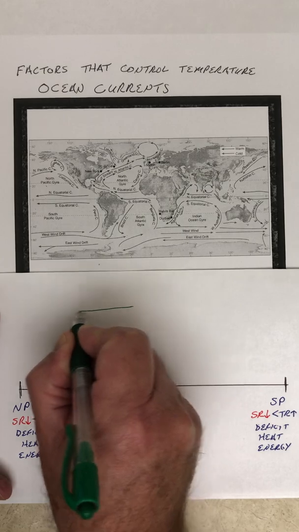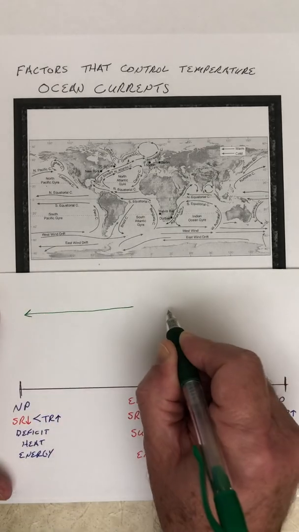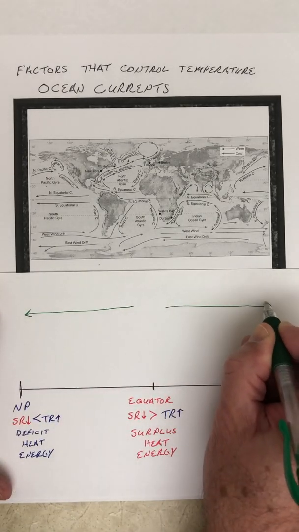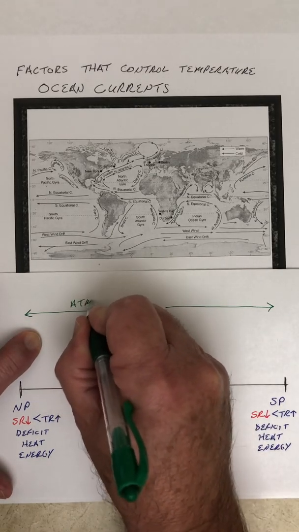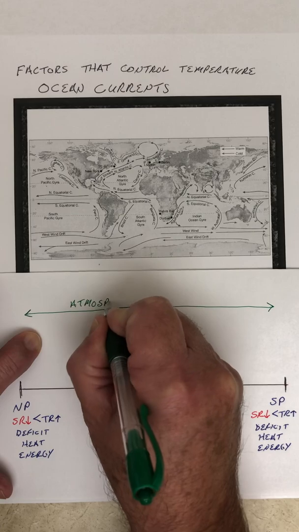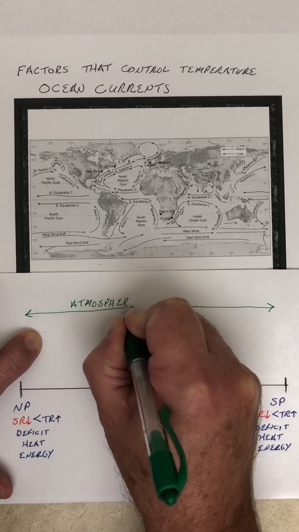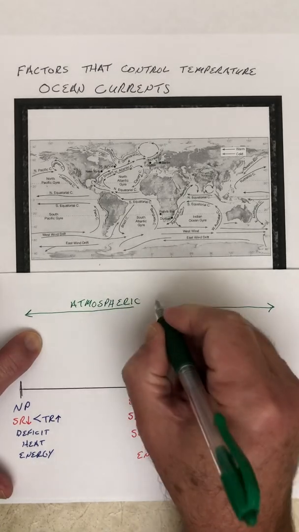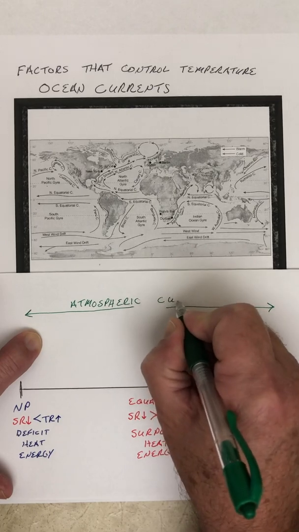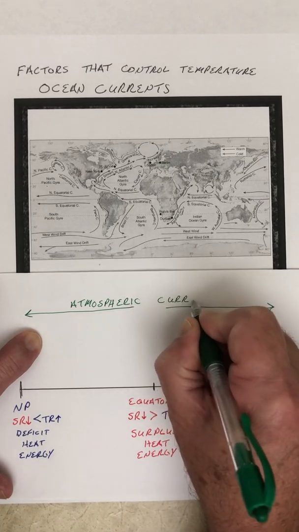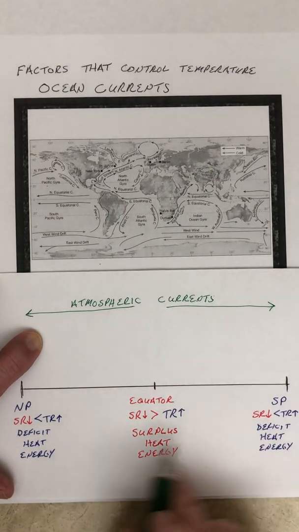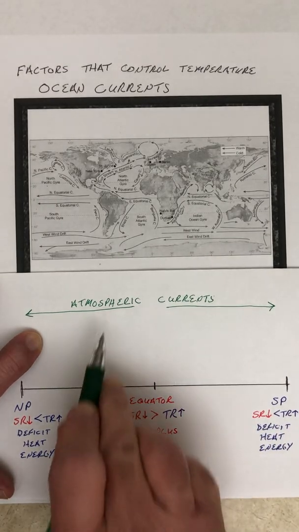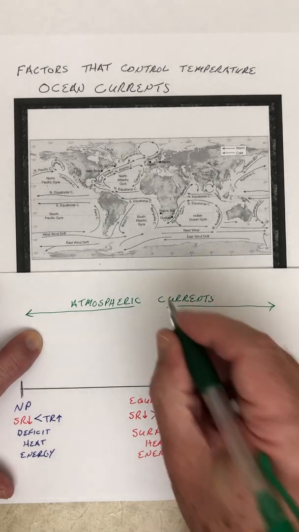I'm going to draw this up here, and actually I'm going to draw atmospheric currents first. Some of that surplus heat energy at the tropics is going to be transferred via atmospheric currents. In fact, the vast majority of this surplus heat energy is being transferred by atmospheric currents.